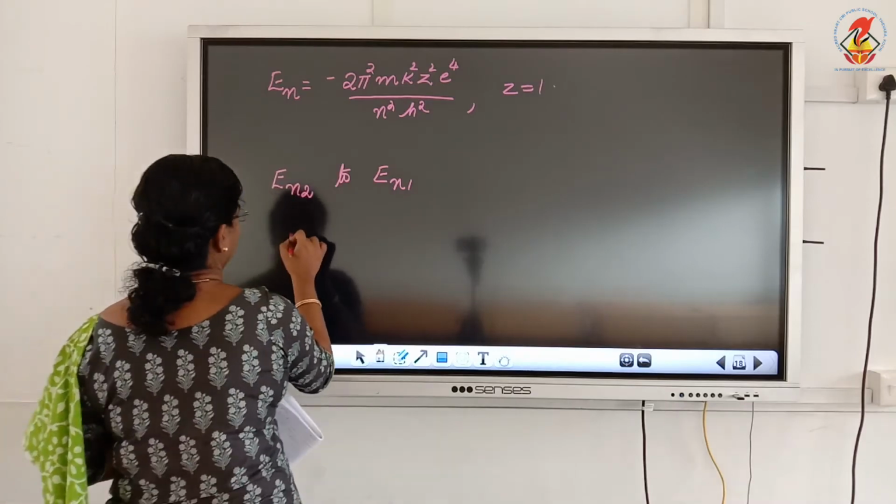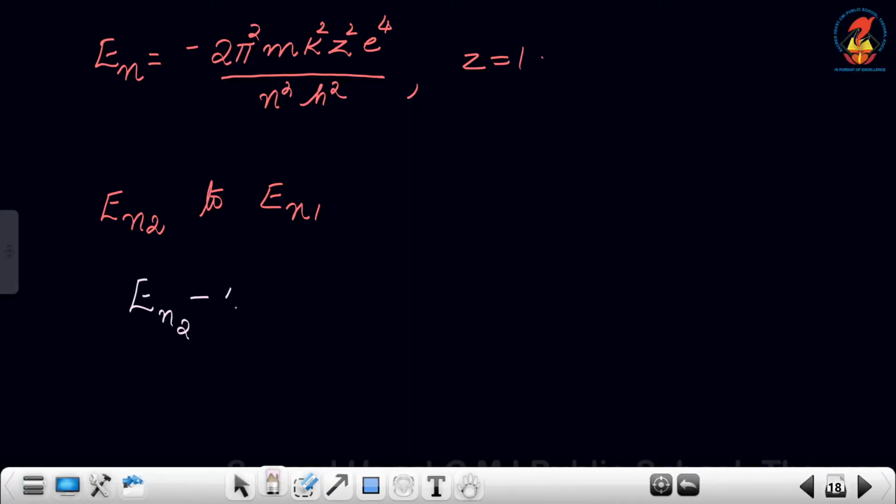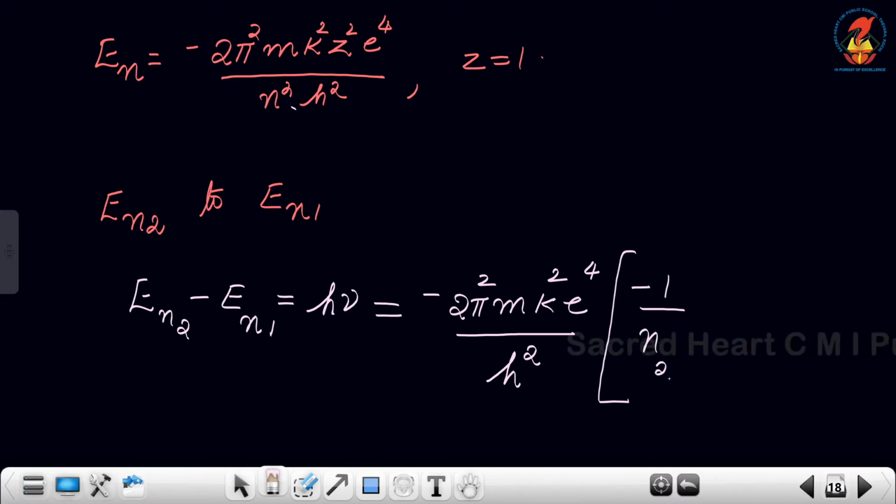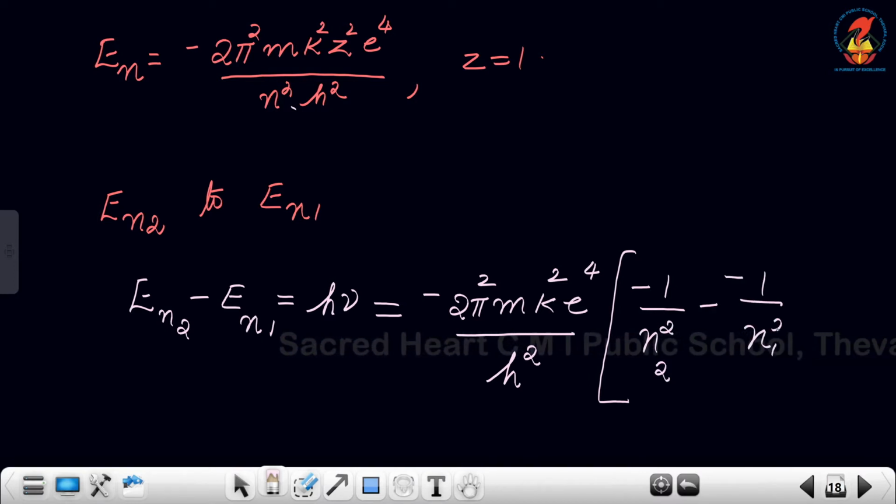So when the electron jumps from En2 to En1, the difference of energy is given by the equation h nu, which using the above equation is equal to minus 2 pi square mk square e raised to 4 divided by h square, since the value of z is 1, all these are common, into 1 by n2 square minus 1 by n1 square.